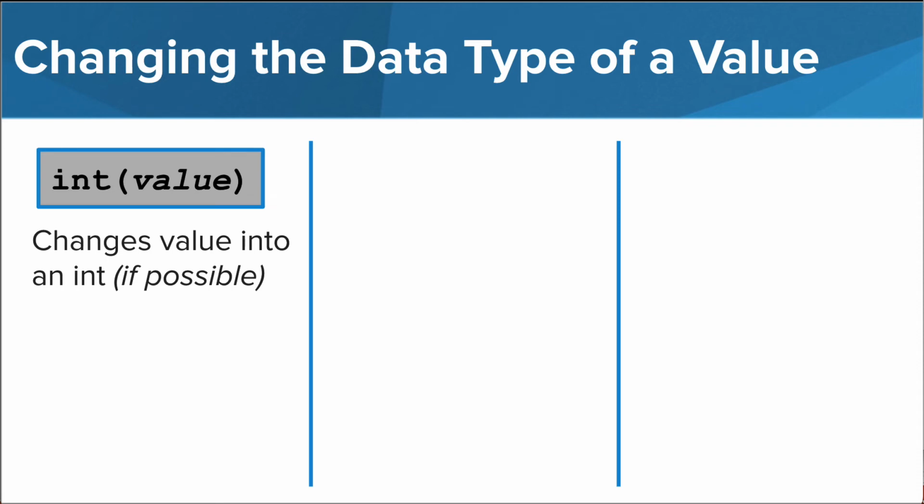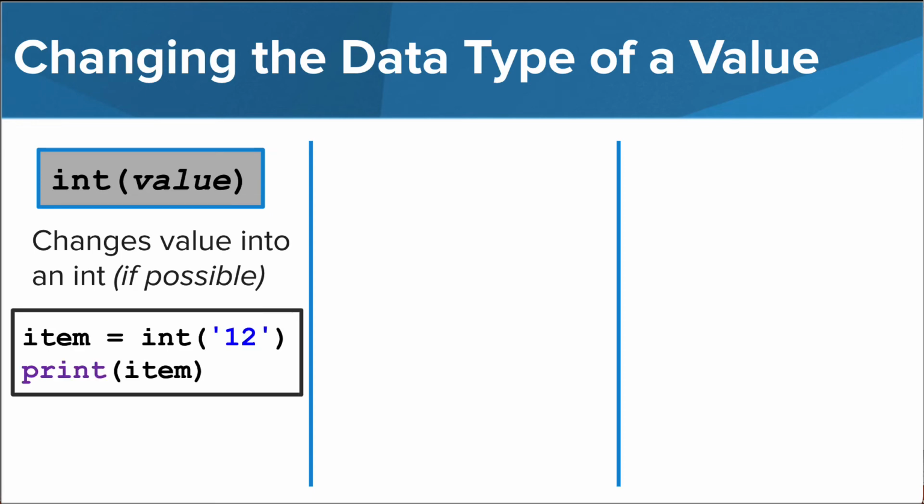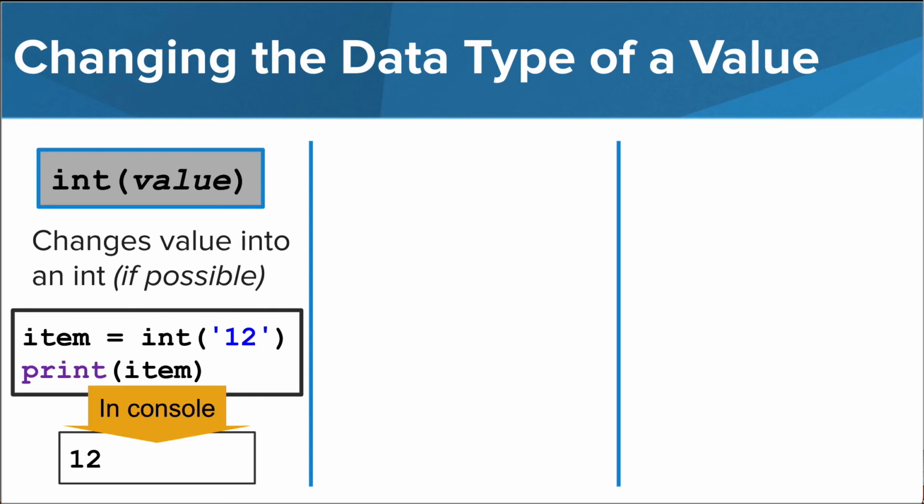For example, we can't ever turn the word cat into a number, but if we have a string of the number 12, we can use the int command to turn it into an integer, and it can now be used in mathematical expressions. When we print it, we would just see that value in the console.